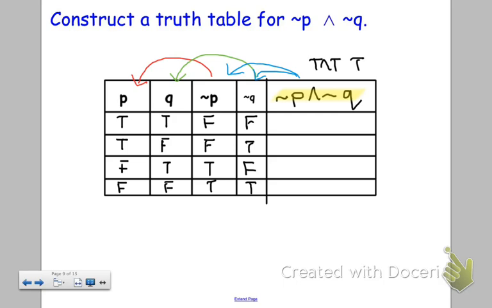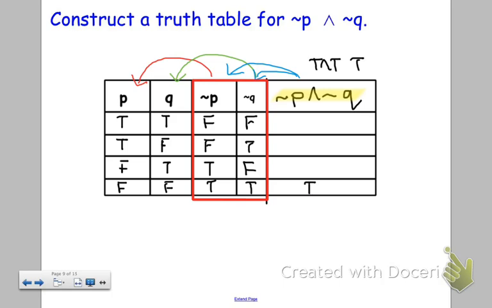All right, so as I look down my not P and my not Q columns, the first row has false and false. The second row has false and true. The third row has true and false. And that fourth row has true and true. Because it's and I'm looking for, I know that true and true is true.